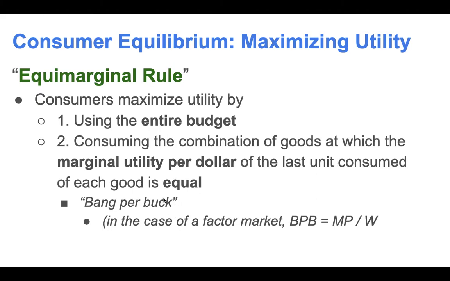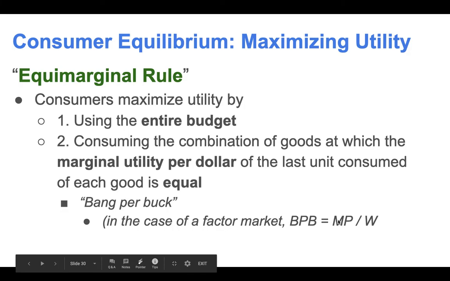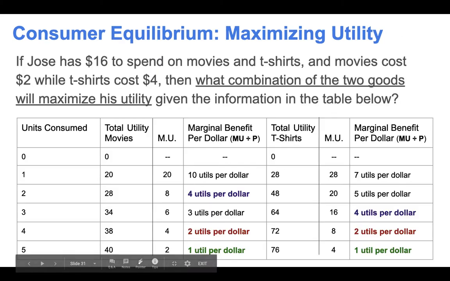In other words, if we're hiring 4 workers and we buy or rent, pay for 5 machines, then we want the bang per buck of the 4th worker and the 5th machine to be equal. In the case of factor markets, bang per buck is simply marginal product divided by the wage, or whatever we pay for that factor of production.